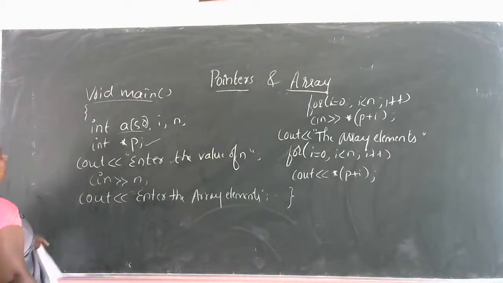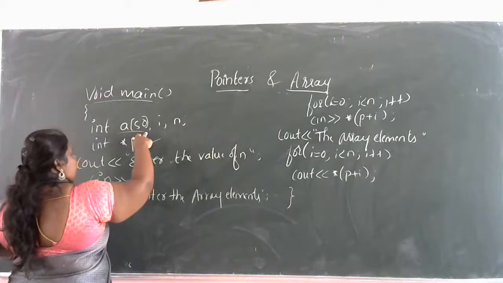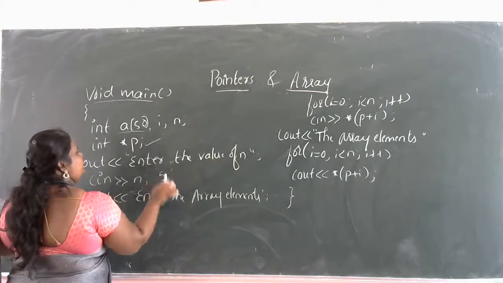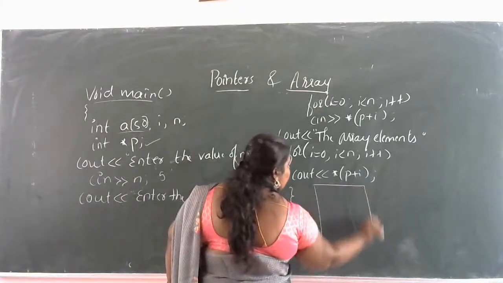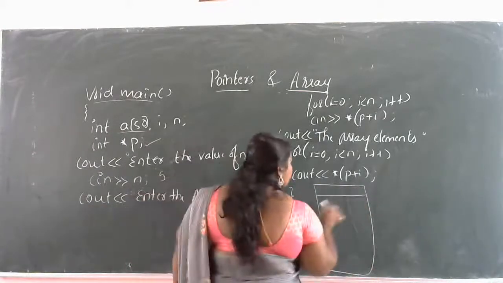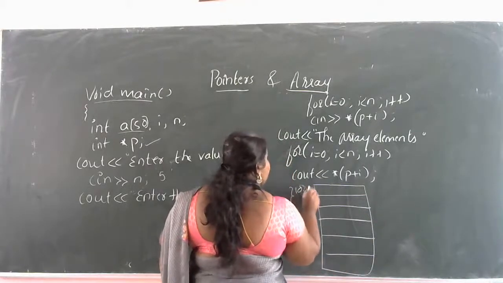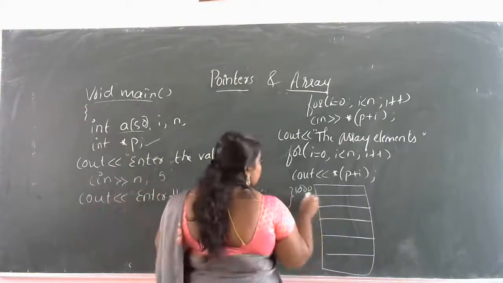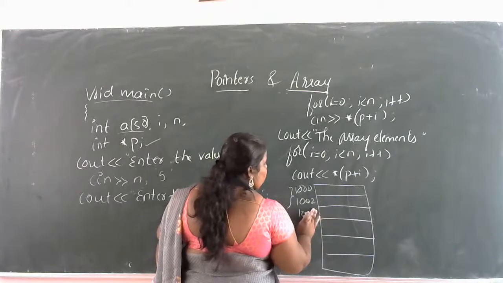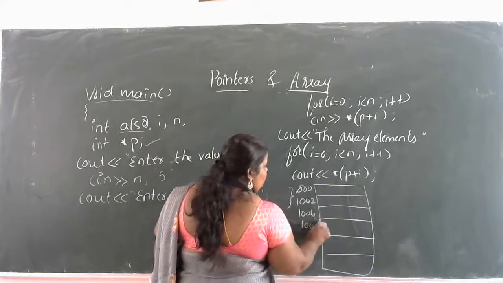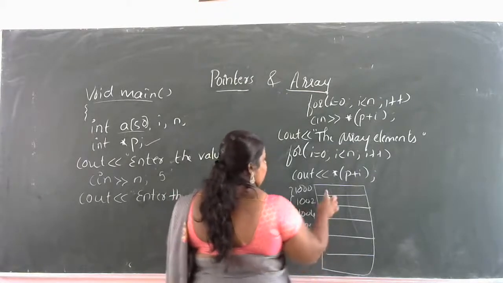Okay, next, enter the value of n. Out of 50, you have to choose the n value, that is, I will give it as 5. Means what? 5 locations. Array elements will be 1000, an array of type integer, so I will combine 2 bytes: 1002, 1004, 1006, 1008, 1010.